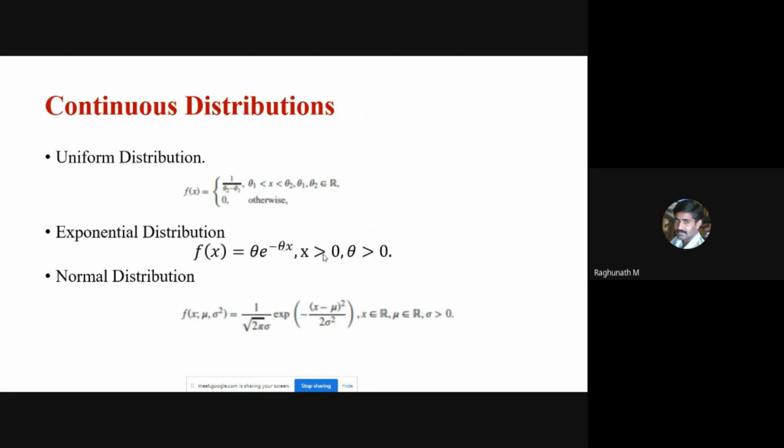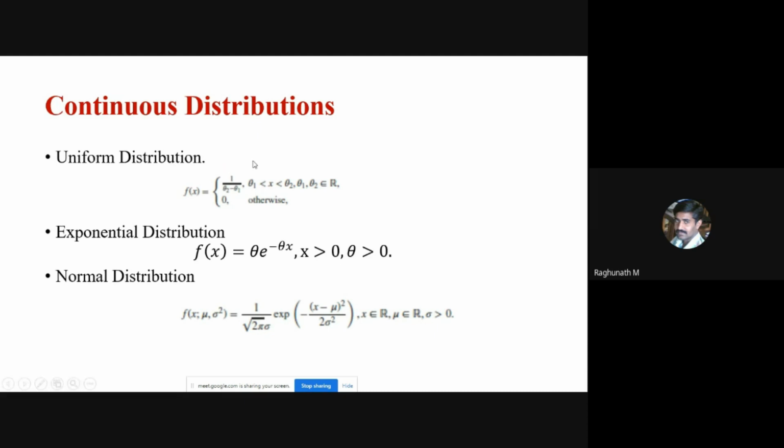Now coming to continuous distributions. I already told you a discrete distribution takes values that are either finitely many or countable. Now a continuous random variable takes values over an interval, or takes infinitely many values. There are some standard continuous distributions.